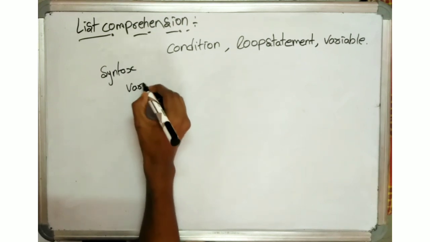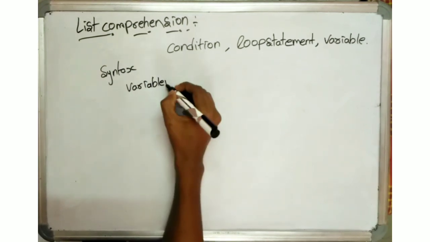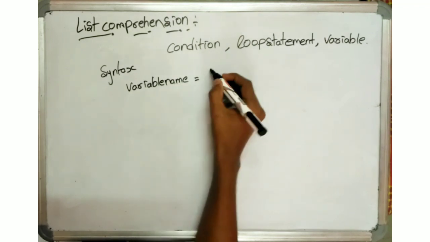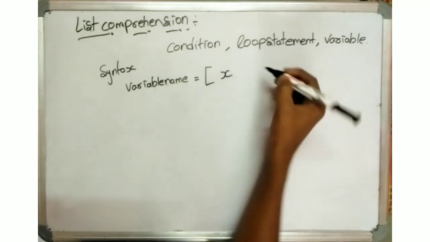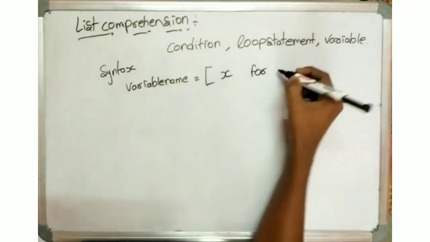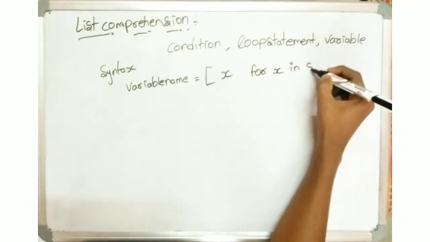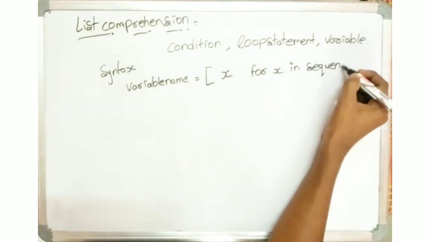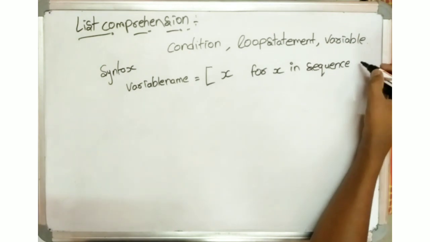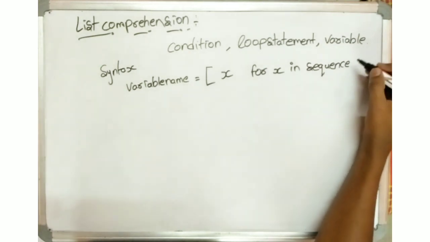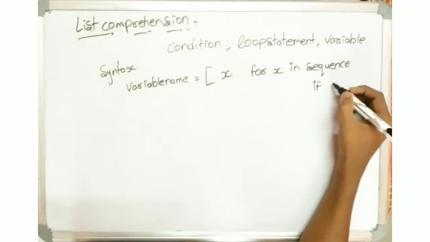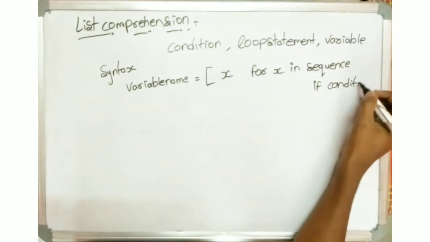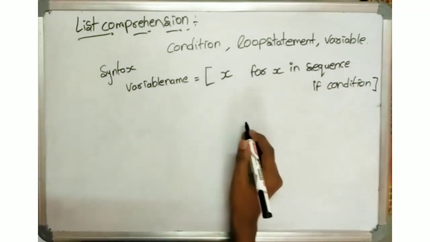A variable name equal to, for example, a variable name x, a for loop: for x in a sequence. Let the sequence be any kind of sequence. If we want any condition to be implemented for this list comprehension, we can use an if condition. This is the syntax for list comprehension.